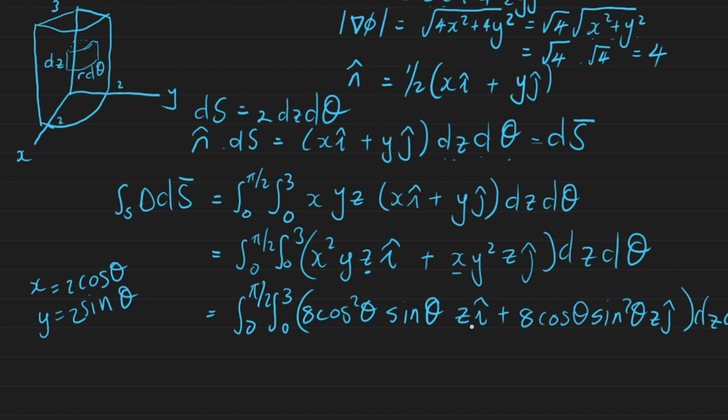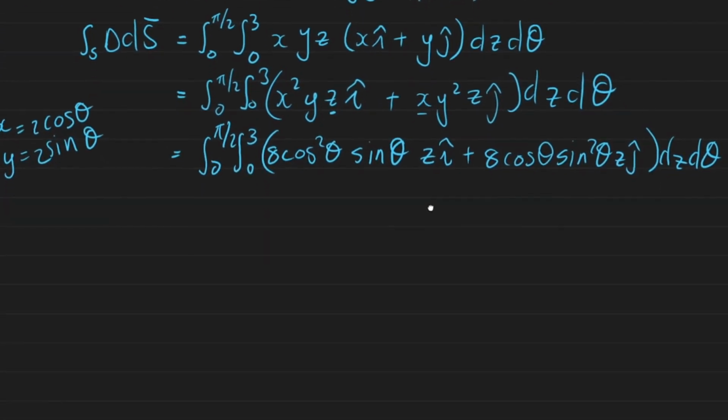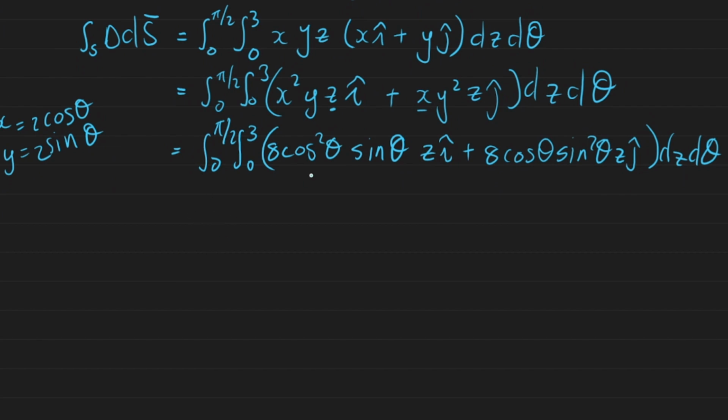So we're just integrating with respect to z first, and the integral of z is just a half z squared. So we can bring that out. So we have all of this just multiplied by a half z squared, integrated from 0 to 3, and the rest of it integral from 0 to pi over 2.